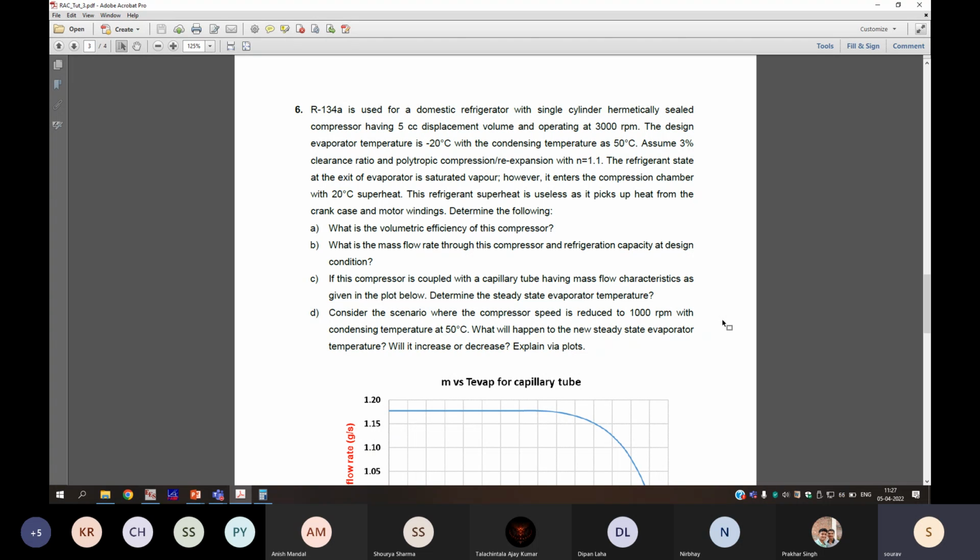Everything is given. Basically, you have to find out the volumetric efficiency from all this information. The refrigerant state at the exit of the evaporator is saturated vapor. However, it enters the compression chamber with 20 degrees C superheat. So this is where you have to be careful.